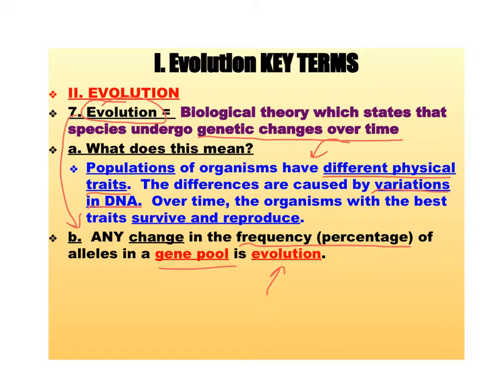Well, over time, the organisms with the best traits or the most adaptations in their environment tend to survive and reproduce. Since they have a better chance to survive and reproduce, their genes, their alleles, which means their traits, are more likely to be passed on to future generations within that species.